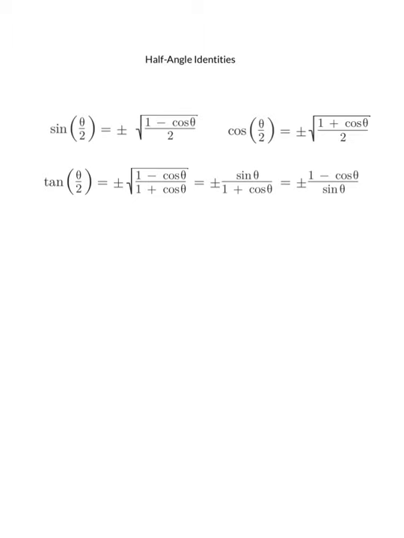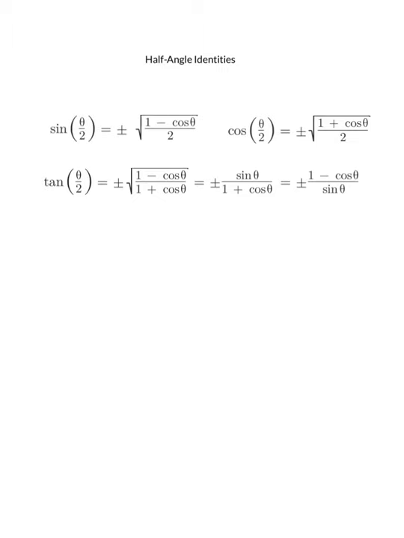The last item for this mod is half angle identities. The sine of theta divided by 2 equals plus or minus the square root of 1 minus the cosine of theta over 2. The cosine of theta over 2 is plus or minus the square root of 1 plus the cosine of theta over 2.